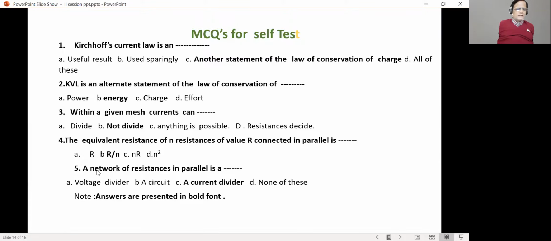The next question is, a network of resistors in parallel is a voltage divider, a current divider, a circuit, none of these. The best answer here is a current divider. Why? In a parallel combination of resistors, the main current I supplied by the battery splits into different branch currents along each branch.